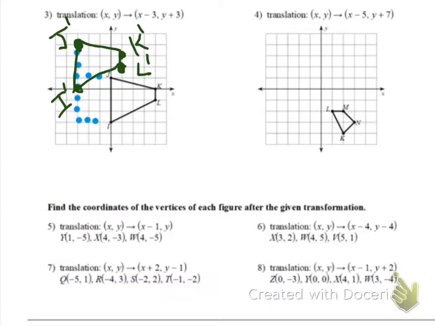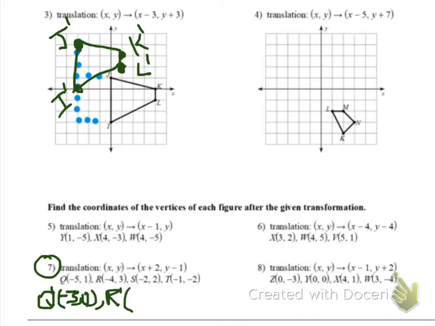You can do that given the coordinate points too. If I know that my transformation, if you look at number 7 here, is going from x to x plus 2, I'm going to change all the x values by adding 2 to them, and change all the y values here by subtracting 1. So Q prime would be negative 5 plus 2 is negative 3, and 1 minus 1 is 0.